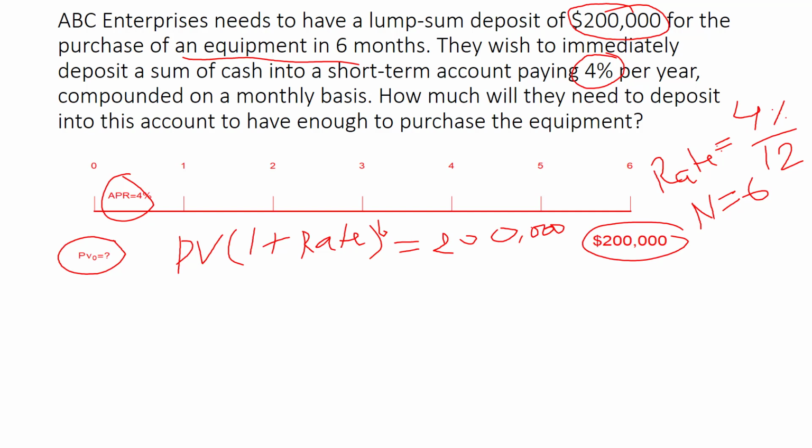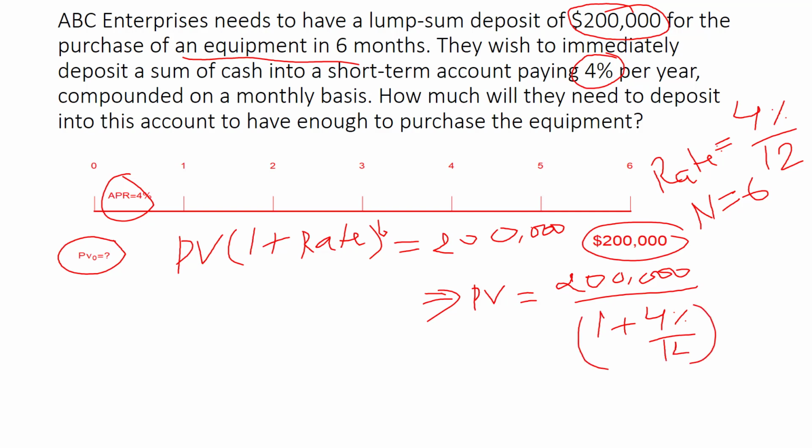If you simplify that, the present value is simply equal to $200,000 over (1 + 4%/12) to the power 6.